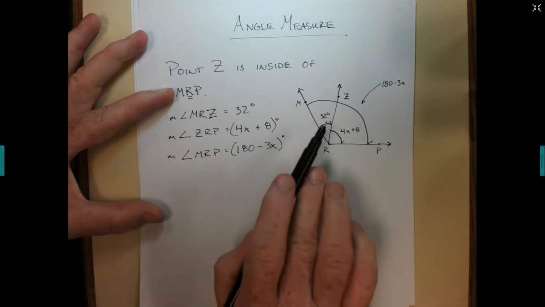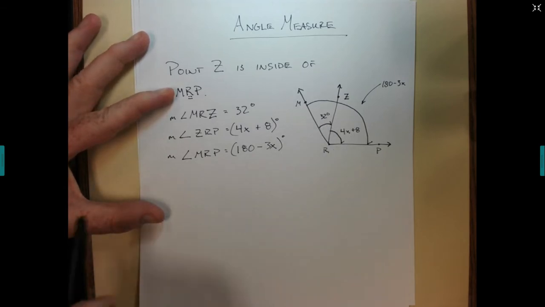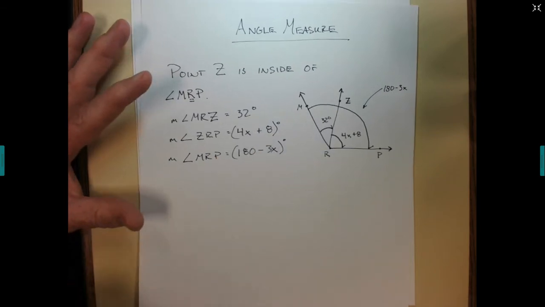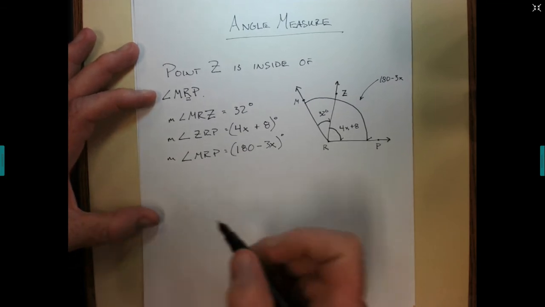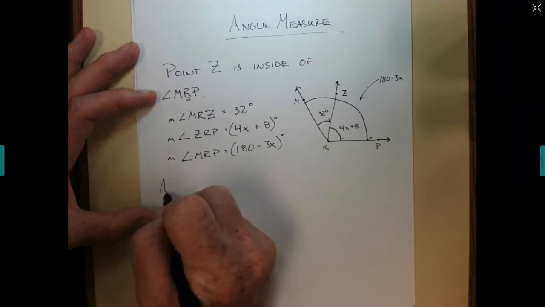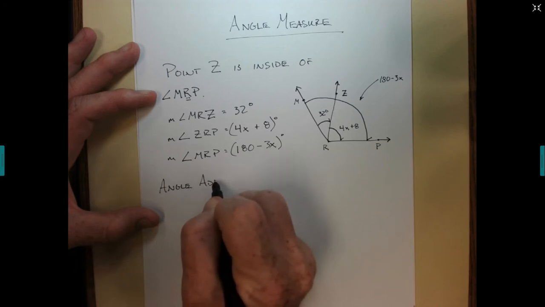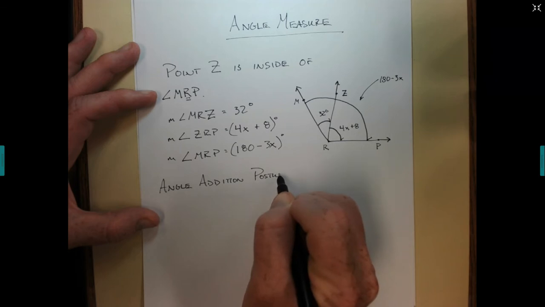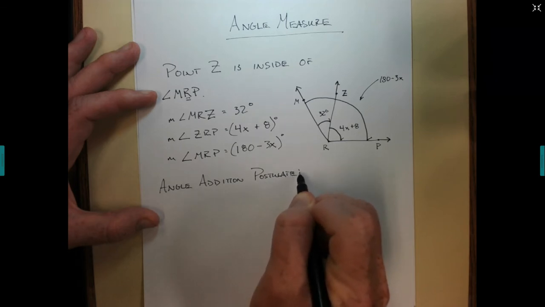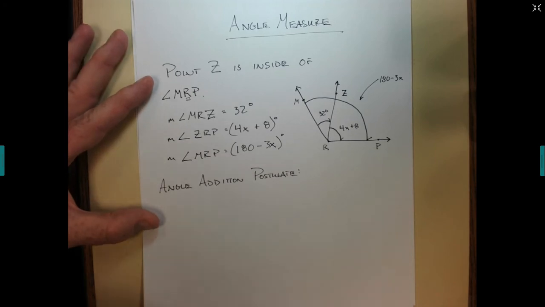All right, there's no way that this 32 degrees has to equal 4x plus 8. But the angle addition postulate would say this. This postulate is some sort of a basic idea, something that nobody's going to ask you to prove.